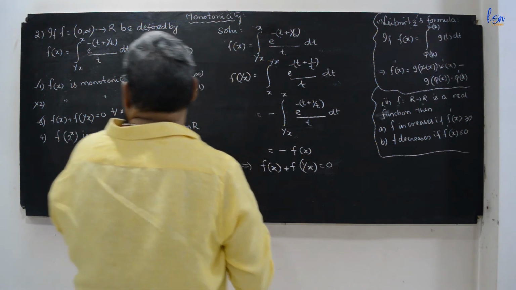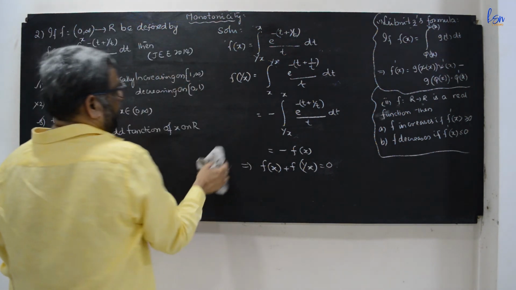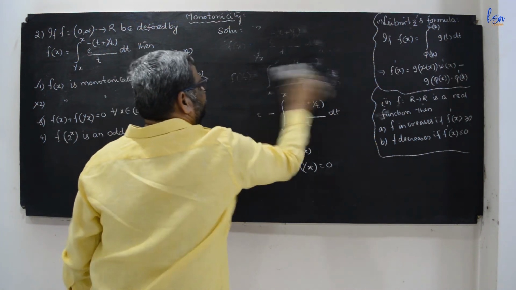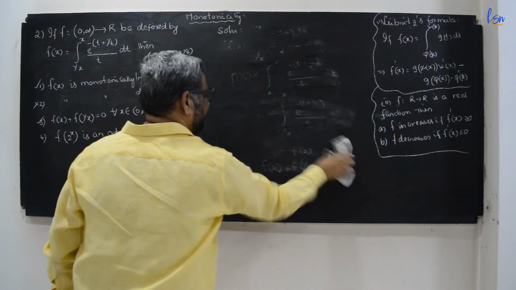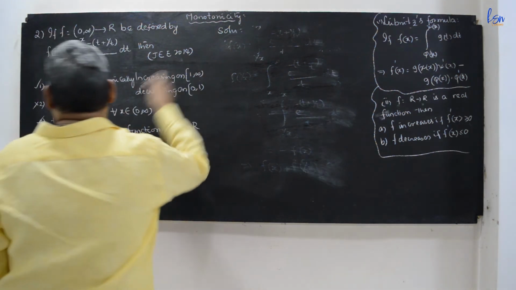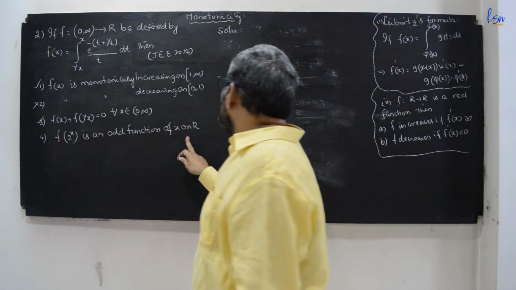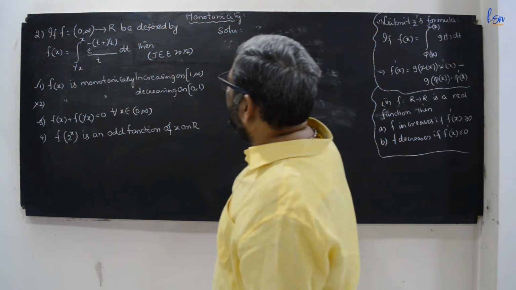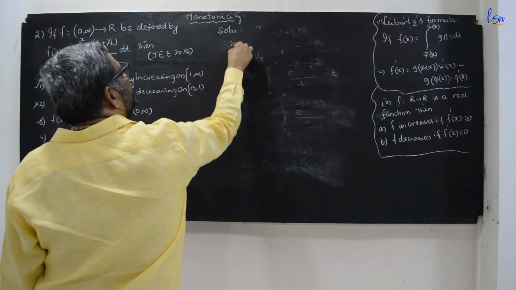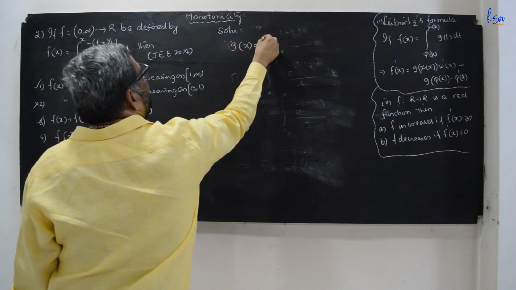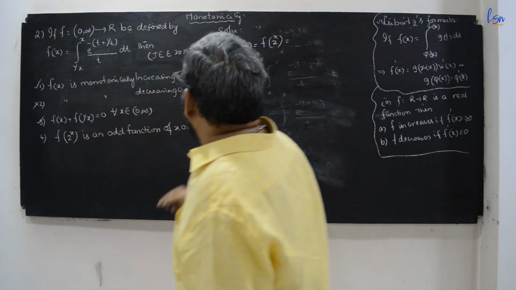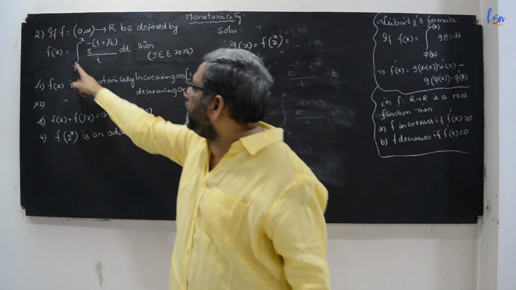Now coming to the fourth one, let us check the fourth one. The fourth one, f of 2 to the power of x is an odd function of x or not. Let us consider gx is equal to f of 2 to the power of x. f of 2 to the power of x means replace x with 2 power x in fx.